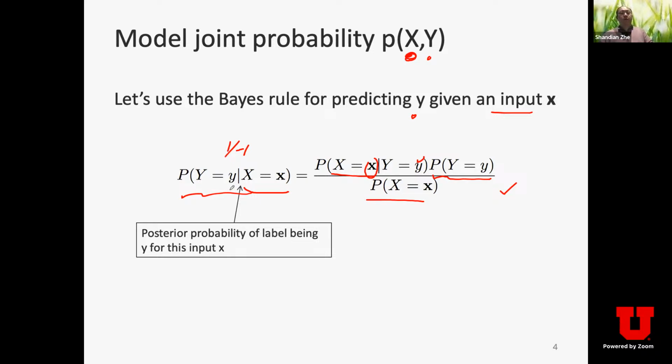Of course, for different choices of Y value, like -1 or 1, or if you have multiple classes, 0, 1, 2, 3, 4, and so on.